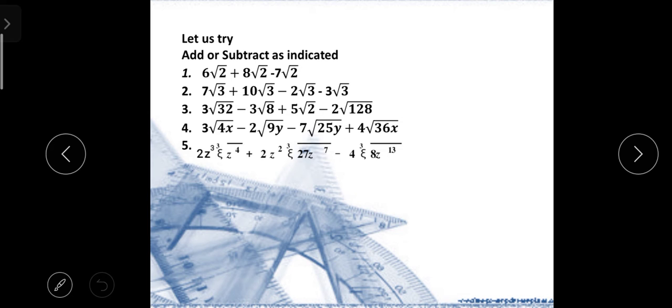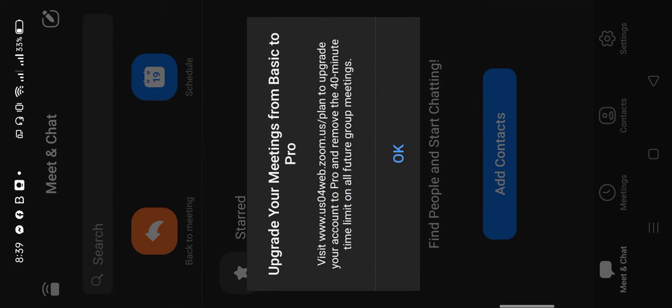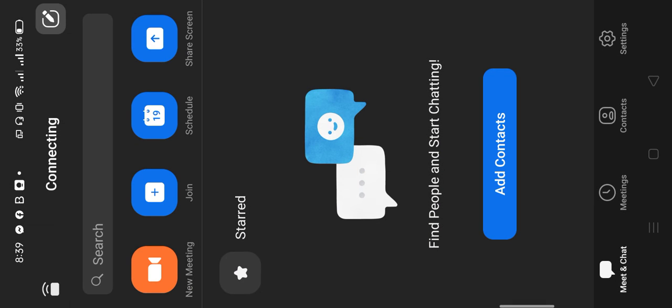For number 4, nakikita natin meron tayong bukod sa square root, meron pa tayong variable na x at y. So dito po, mag-focus lang tayo kung paano natin pagsasamahin yung terms.